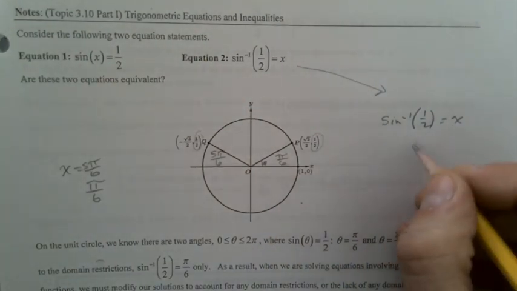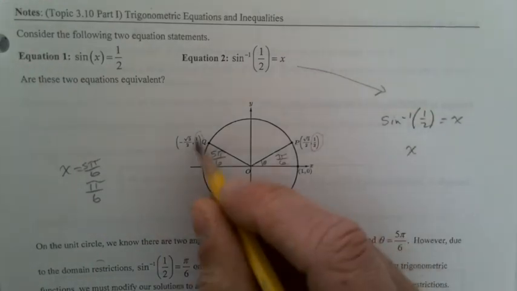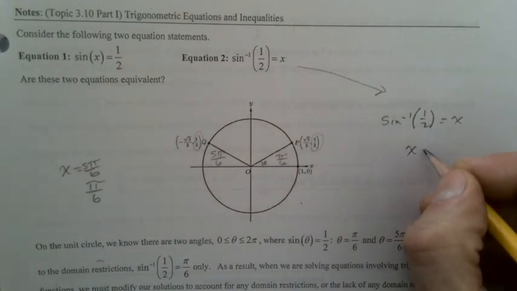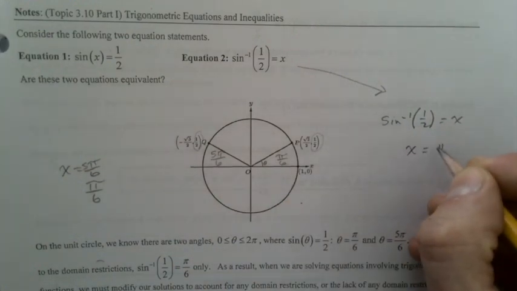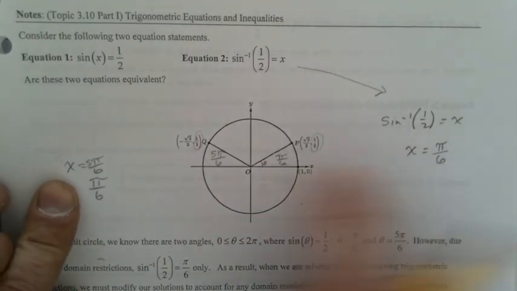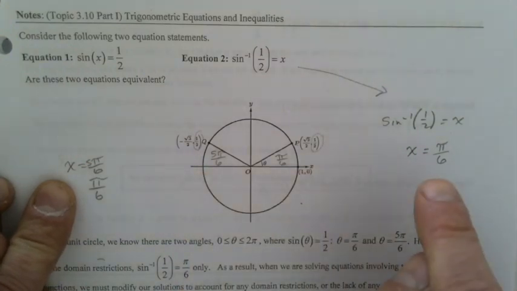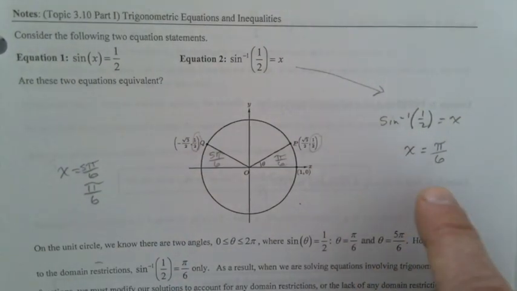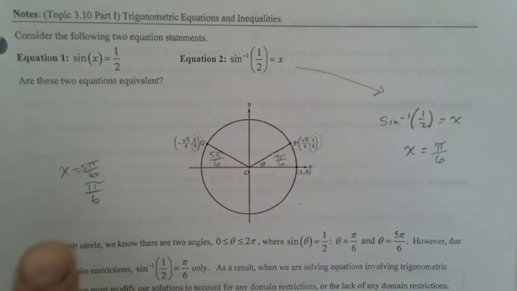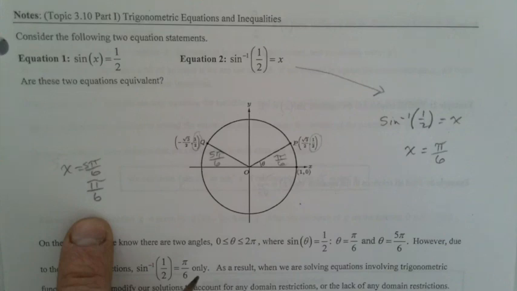So the solution to this would eliminate this one over here at Q. That is no longer an answer. So for this one, the only solution would be x is equal to pi over 6. So while they seem initially like they're equivalent, the arc sine has restrictions on the domain. This one, however, has no restrictions on the domain.